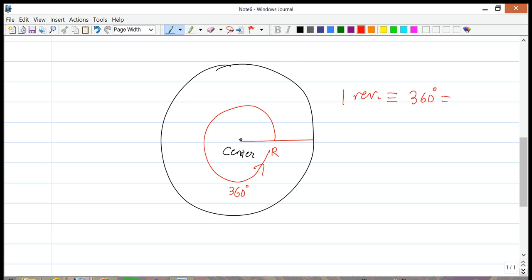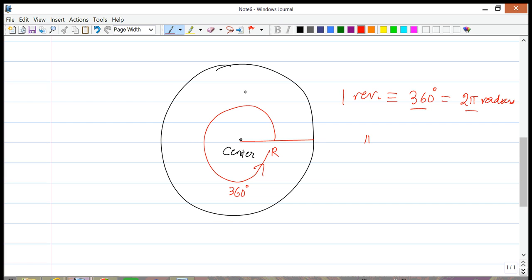However, in this chapter, instead of degrees, we'll use radians. You also probably know that one complete revolution corresponds to 2 pi radians. As soon as you know this conversion, 360 is equal to 2 pi, you can figure out the rest of the angles.